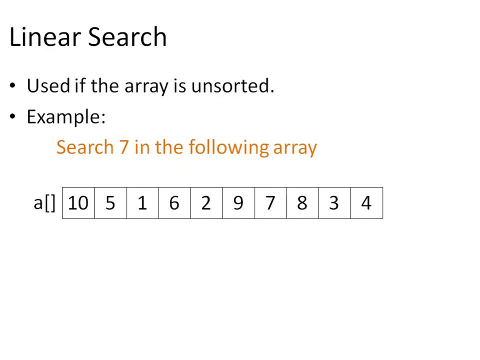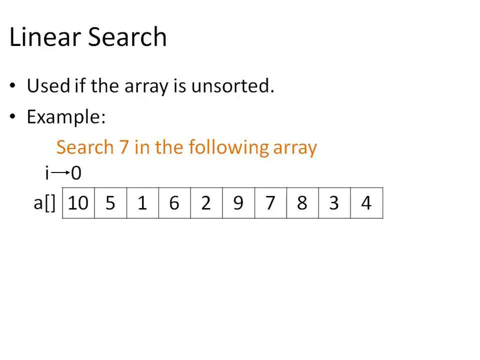Let's say in the given array of 10 elements, which you can see is unsorted, we have to search for an element 7. In linear search, we will start from one end of the array, say 0 here, and we keep checking for the existence of 7 in the array.